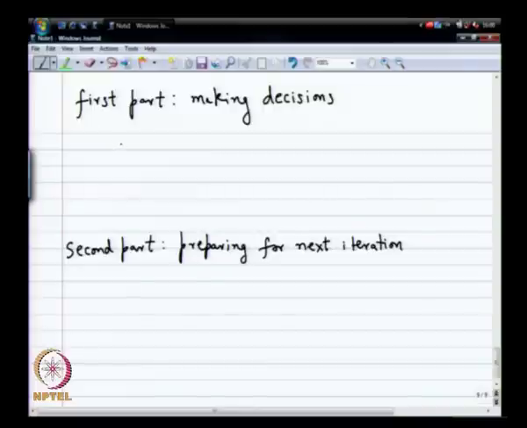Let us say C hat 1 is some kind of decision we make on the first bit. This can simply be majority of R1, U11, etc. This is one way of doing it.